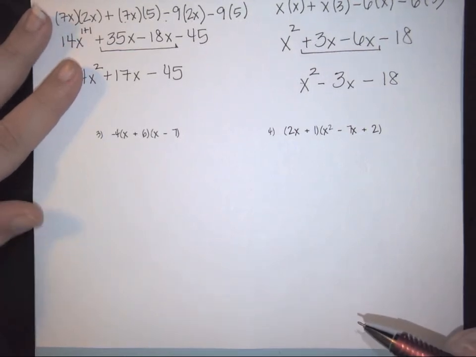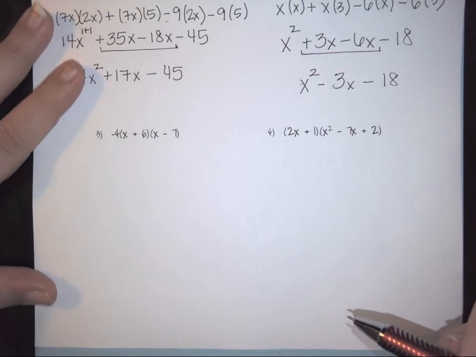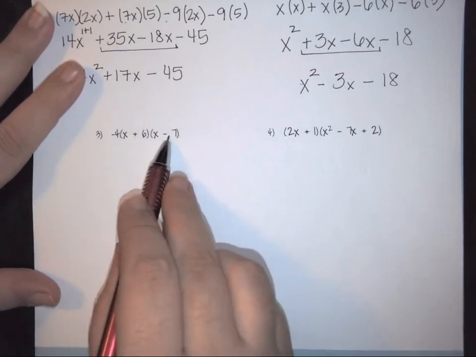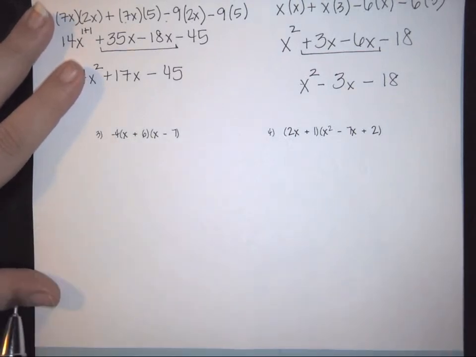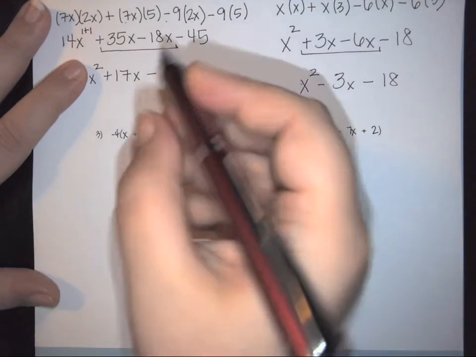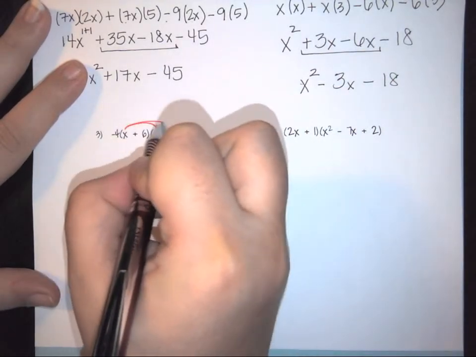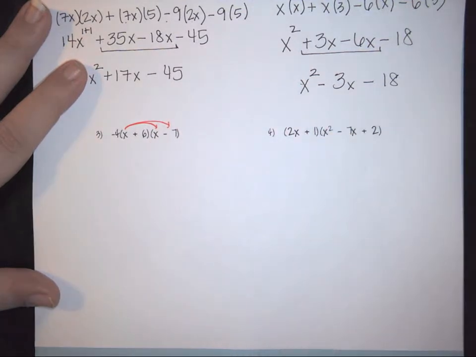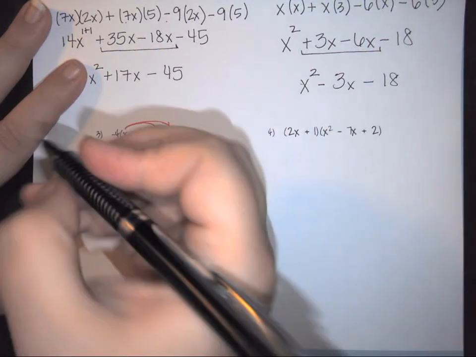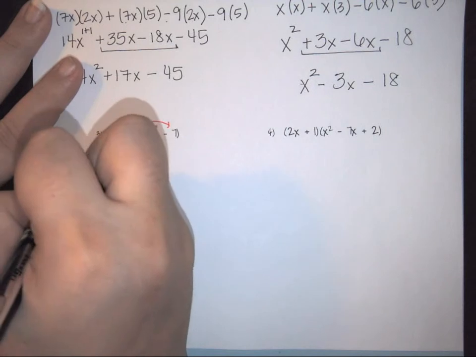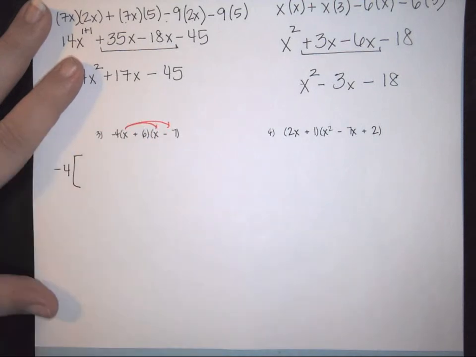Okay. So let me show you what it looks like to distribute your binomials first and then worry about the 4 on the end. So we're going to start with our first term and we are going to distribute it through. So we're going to have this negative 4 and we're going to open a bracket.